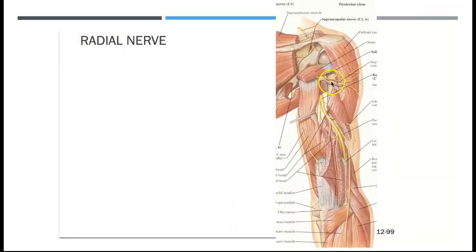And here is another view of that radial nerve. Note that it is making its way between two of our three heads of the triceps brachii. So this would be our long head here, and this is going to be our lateral head, and the radial nerve is sitting right on top of the medial head.